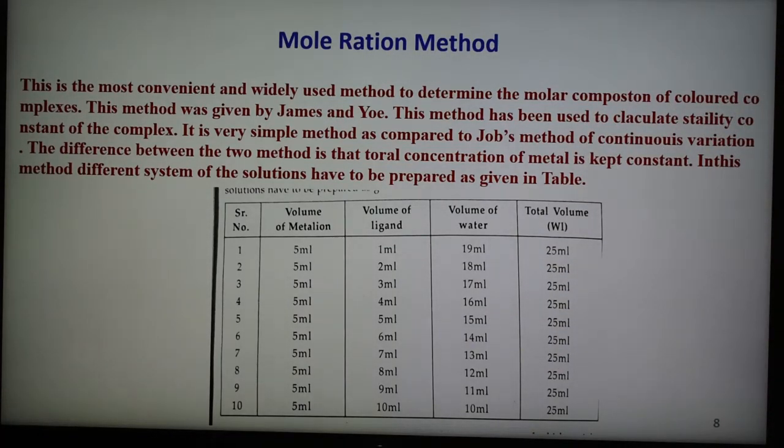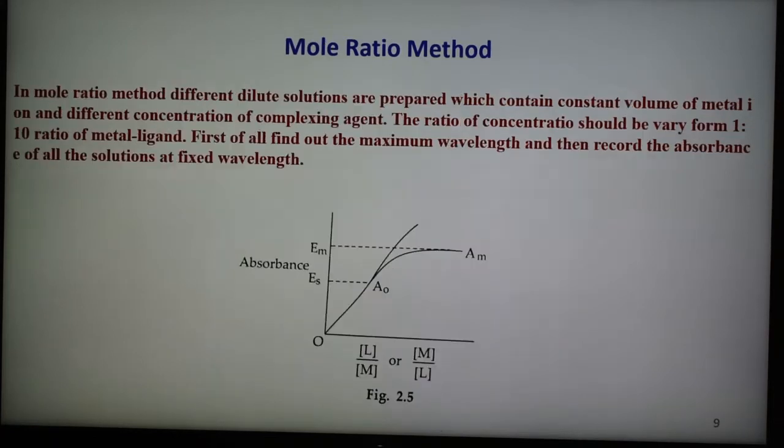After making all the 10 systems, different solutions are prepared which contain constant volume of metal ion and different concentrations of the complexing agent, the ligand. The ratio of concentration should vary from 1 to 10 of metal to ligand.